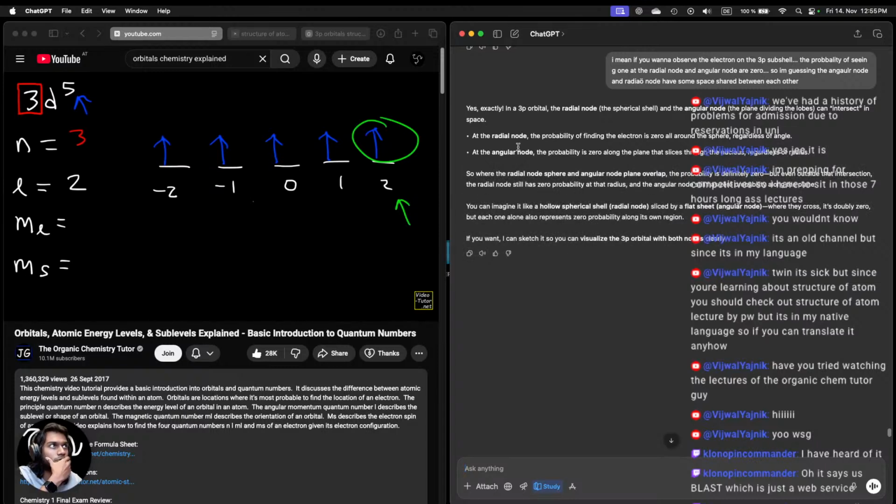Yes, exactly. In the 3p orbital, the radial node and the angular node can intersect in space. Okay, that makes sense. At the radial node, the probability of finding the electron is 0, all around the sphere. Okay.